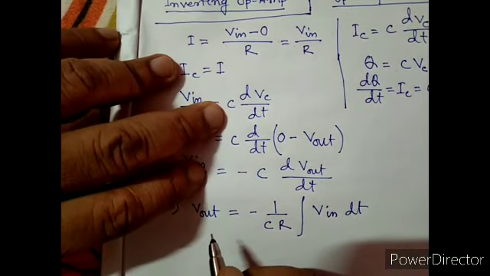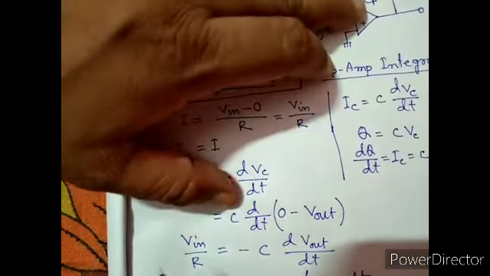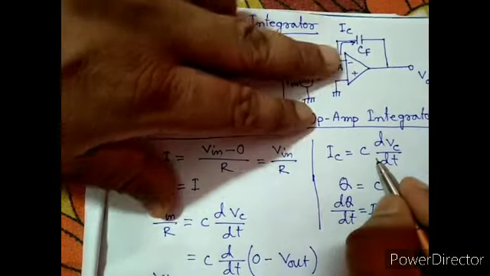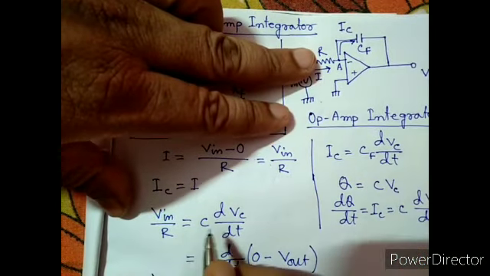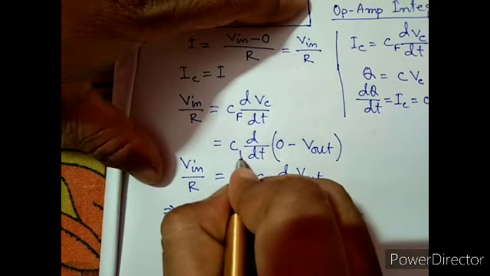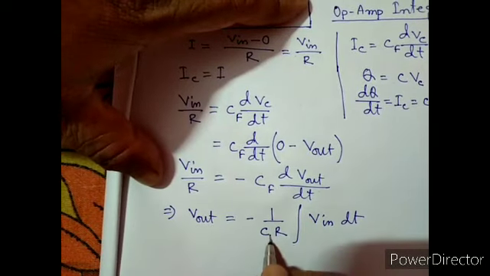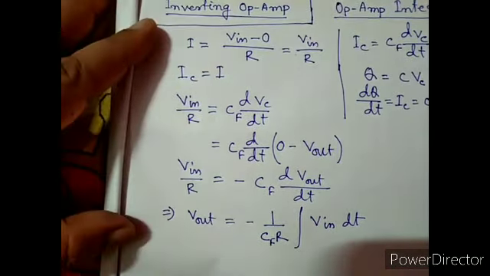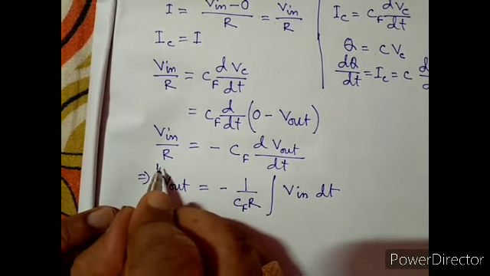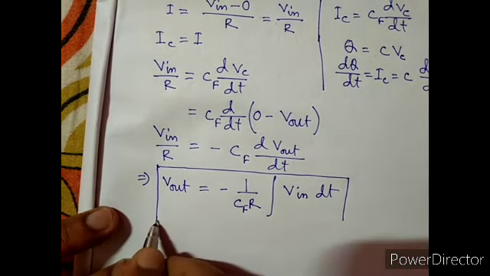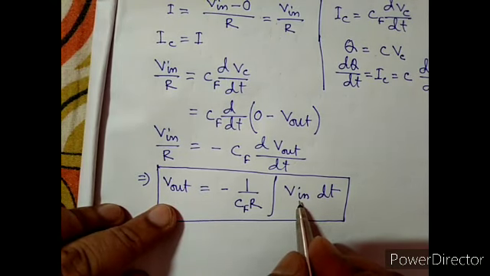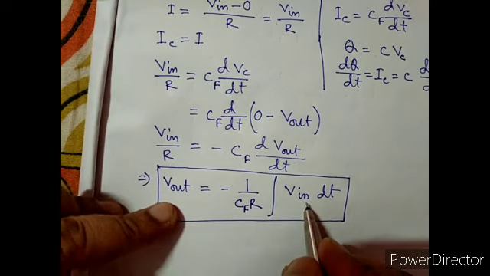Now this C is the feedback capacitor, named CF, so this will be replaced with CF. This is the output potential, and we see that the output is the integration of the input voltage.